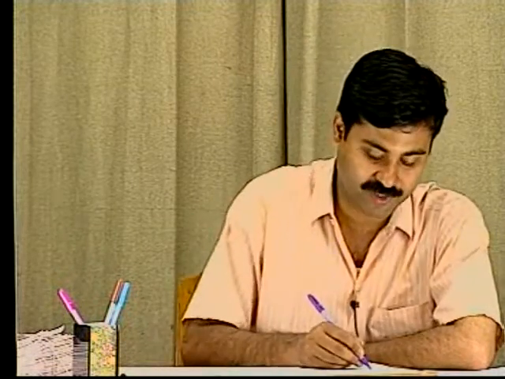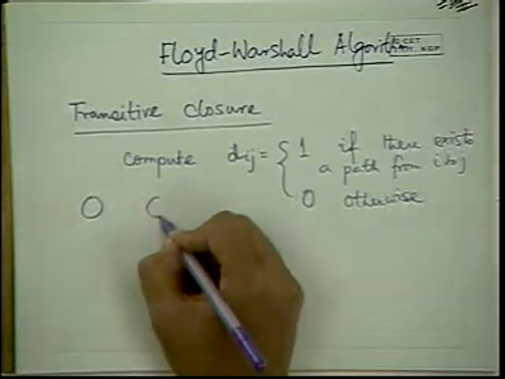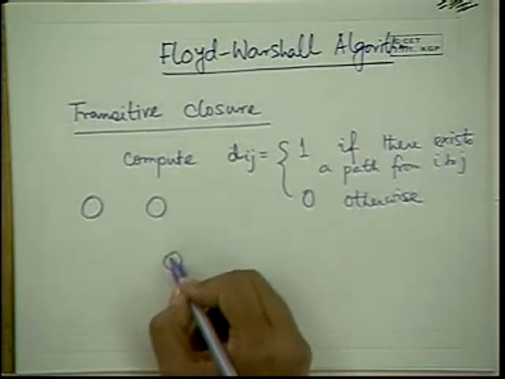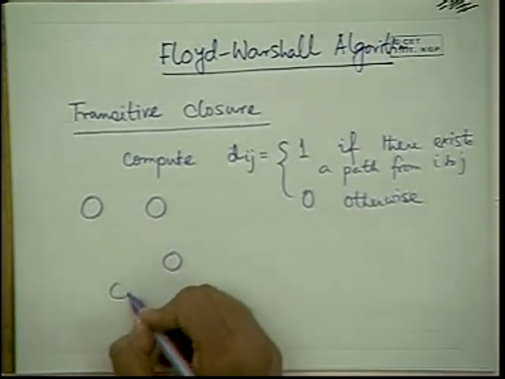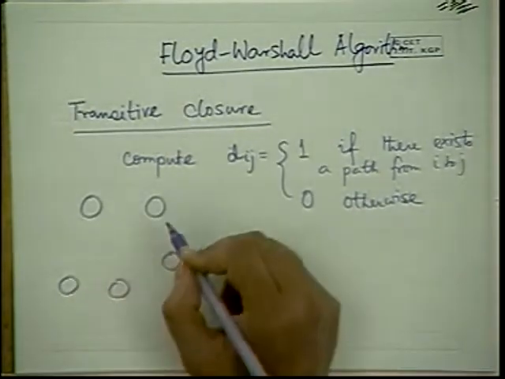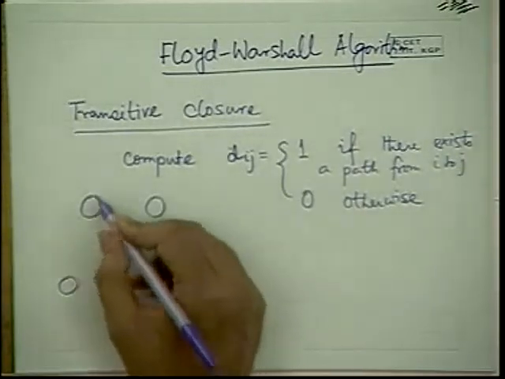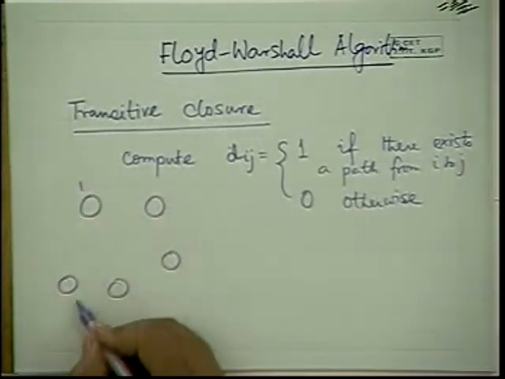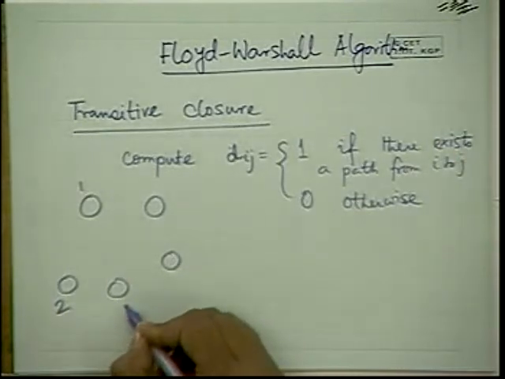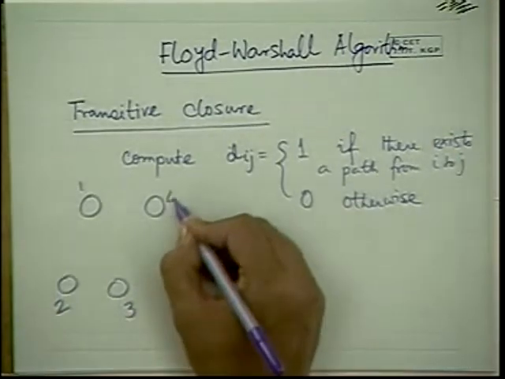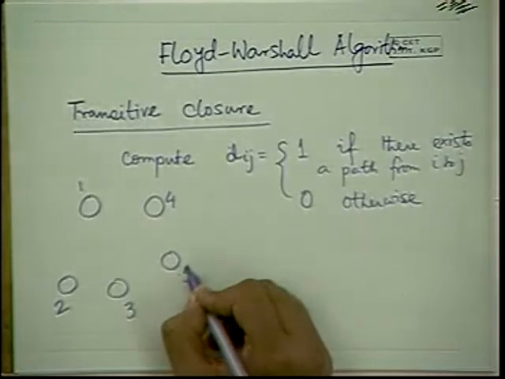So for example, suppose I do this. So this is 1, I am indexing them with integers. From now on we will see the vertices are indexed by integers.